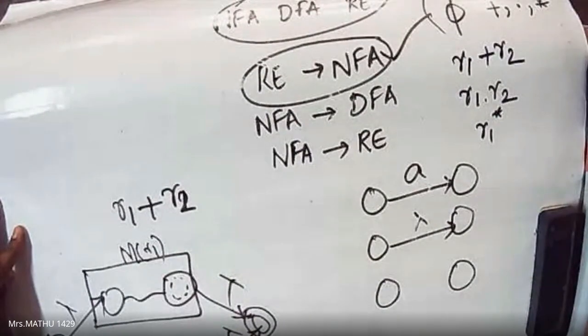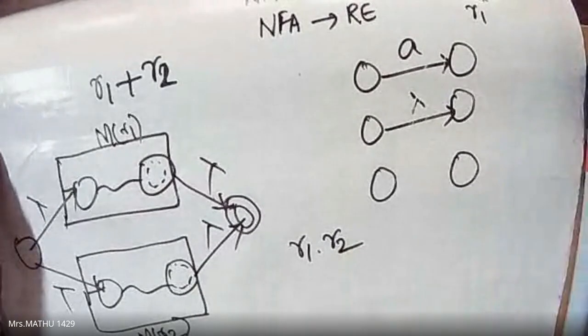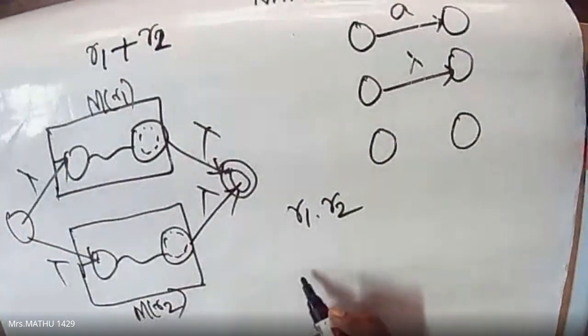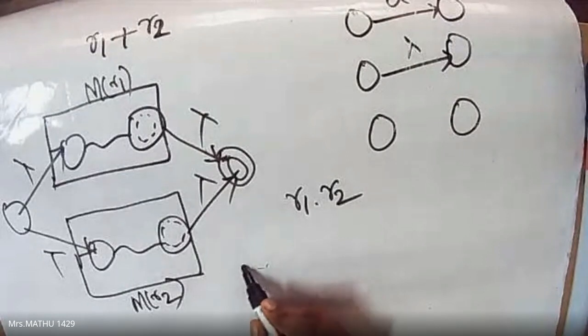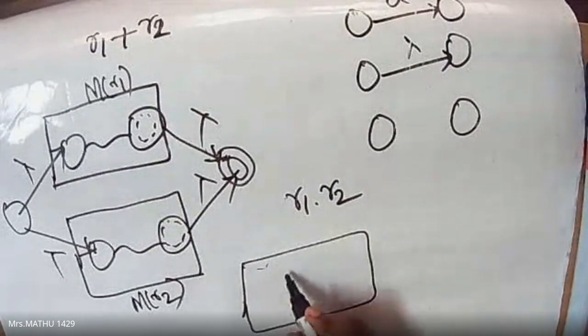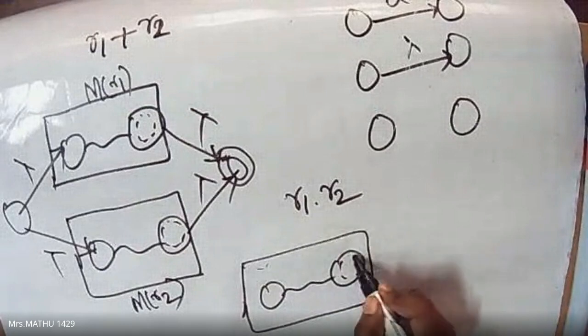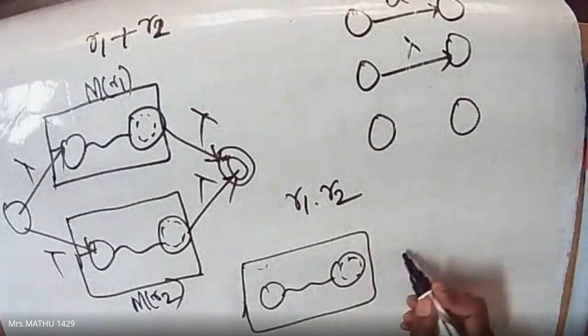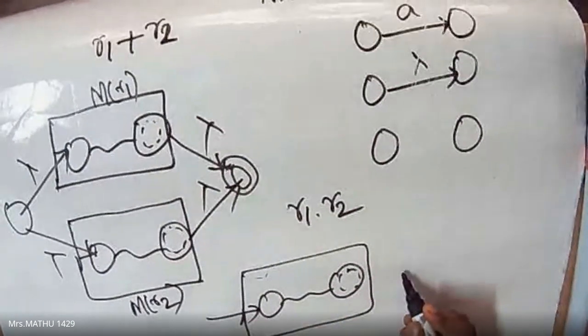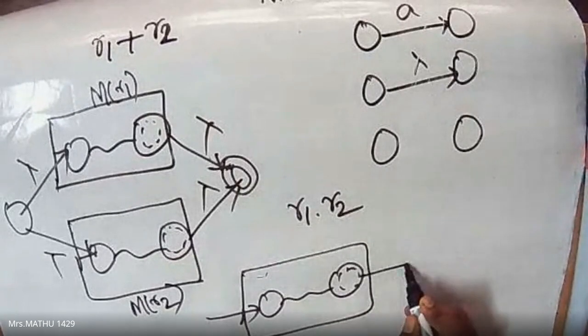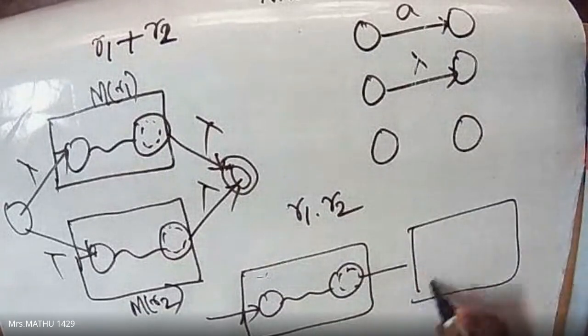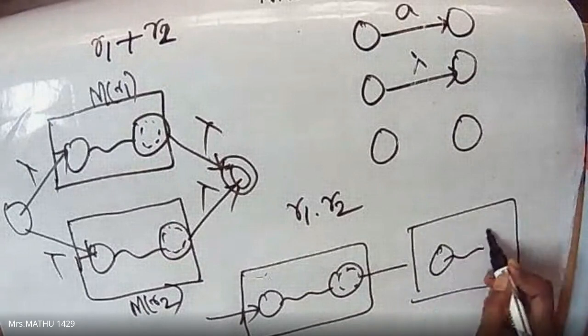Similarly for R1 into R2, the machines have to be concatenated. We have a machine for R1, and its final state is not the actual final state, and we have another machine for R2.